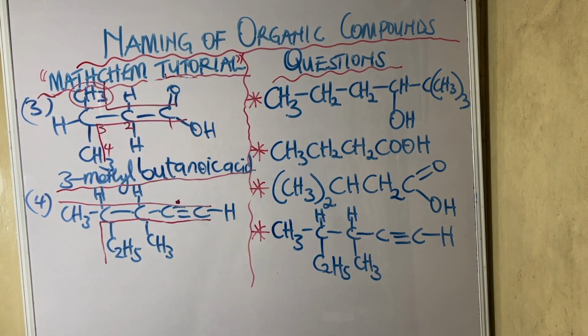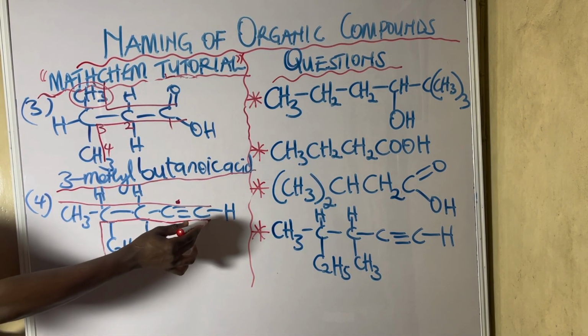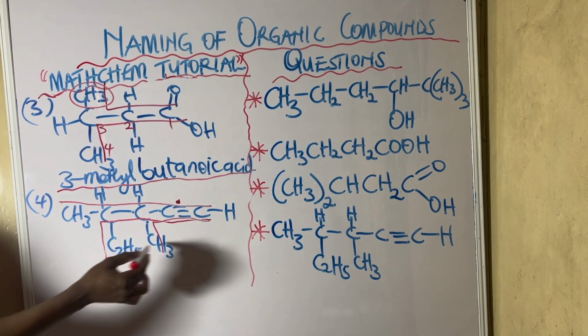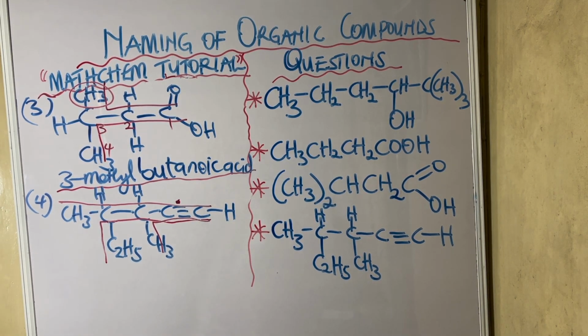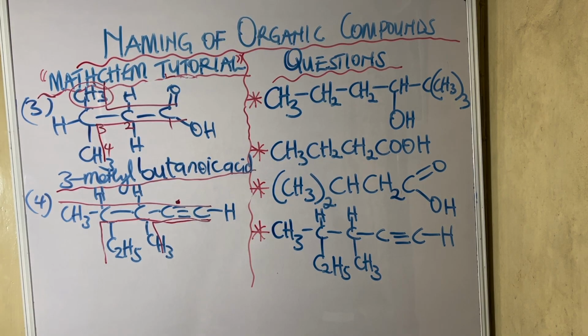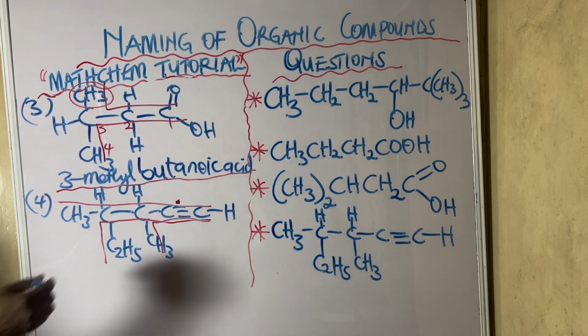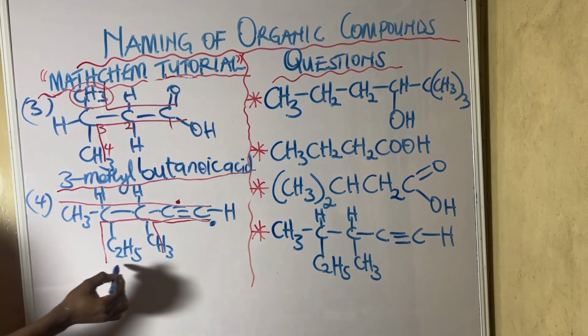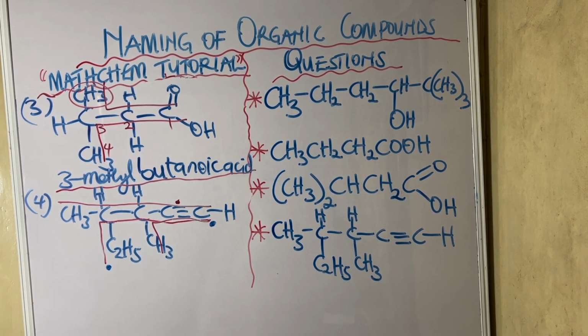And also, if I take it this way, this is going to be 4, and that is 1, 2, 3, 4, which is still not the longest. But the longest here is this guy here, from here to this place. So that is the longest carbon chain.